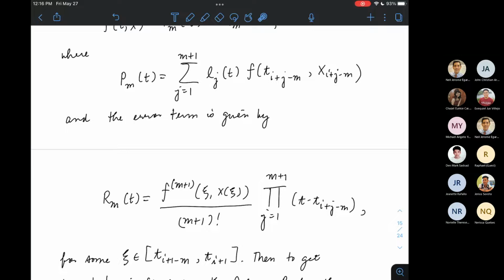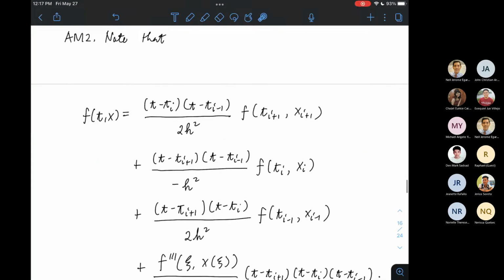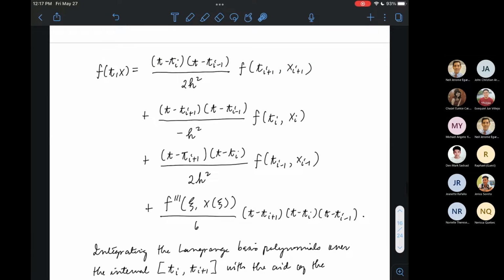Okay? Now, pakita ko lang yung specific derivation para sa two-step Adams Moulton method. Tatawagin natin siyang AM2. Okay? So, ibig sabihin, kung two-step siya, si f ay i-interpolate ko using 3 points: t sub i plus 1, t sub i, and t sub i minus 1. So ibig sabihin, bawat Lagrange basis polynomial ay magiging degree 2.